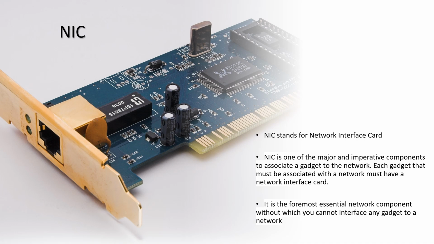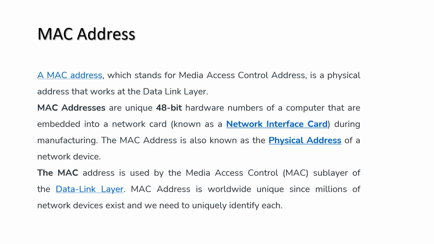It provides communication between computers on a local area network by converting the data into a format that is suitable for the networking medium, which means electrical signals for Ethernet, radio waves for Wi-Fi, and so on. Each NIC has a unique Media Access Control address, that is MAC address, a physical address that occurs at the data link layer.